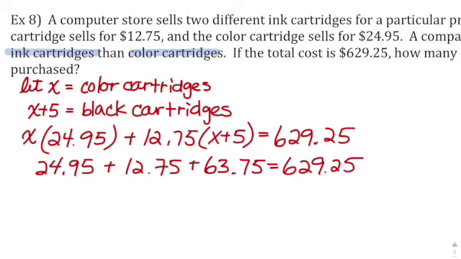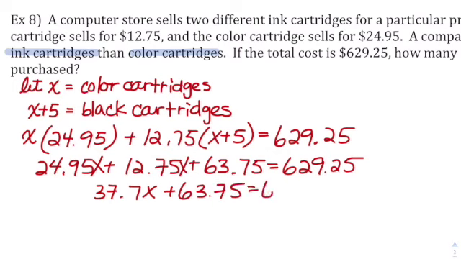I lost my X right there. Then you're going to combine like terms, and that's going to give you 37.7x plus 63.75 equals $629.25.